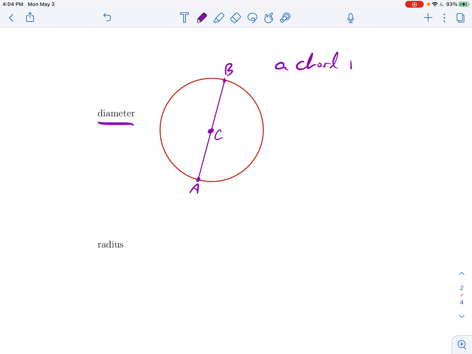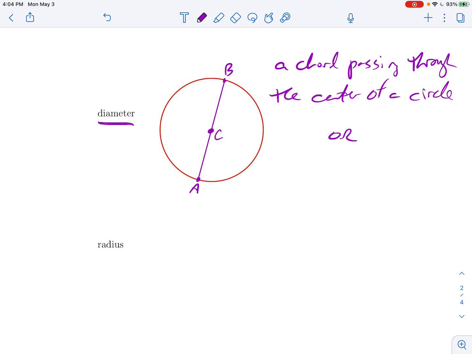So it's a chord passing through the center of a circle. Or I might use the word diameter to describe the length of that segment. If I say the diameter is 10, what I mean is the length of this diameter is 10.